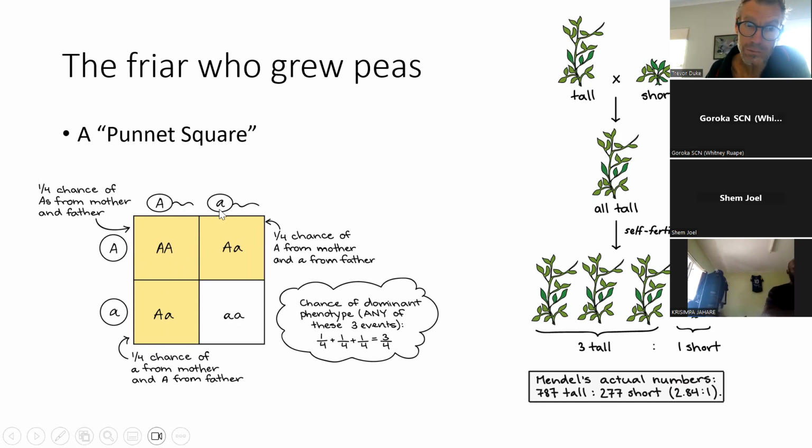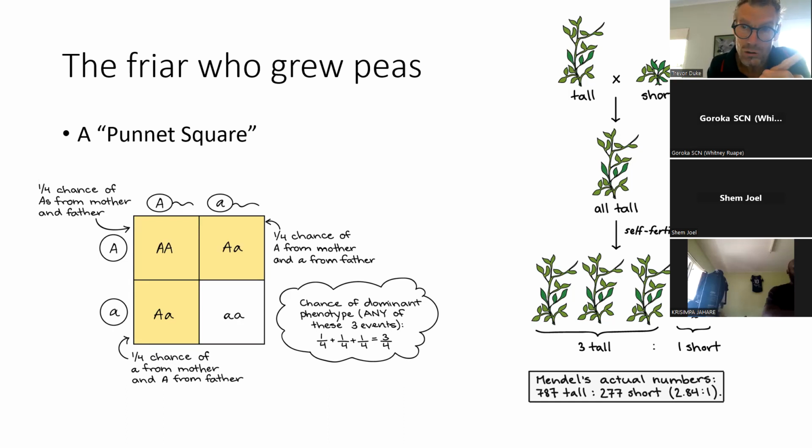If you cross a dominant with a recessive, you'll still get a dominant. But if you cross a recessive with a recessive, then you'll get a recessive phenotype.